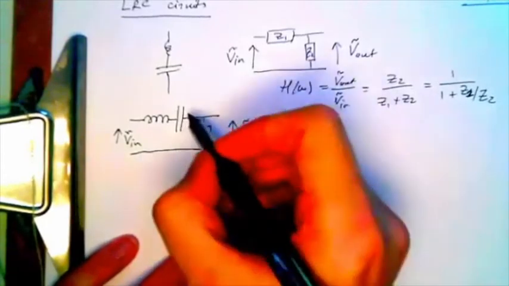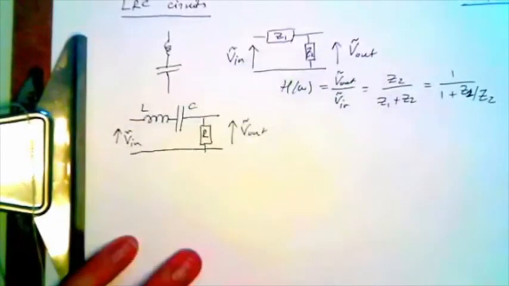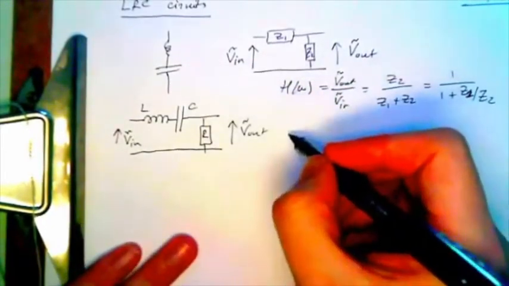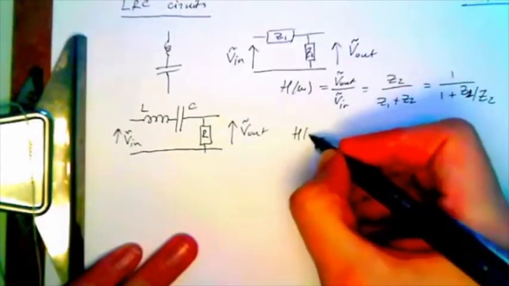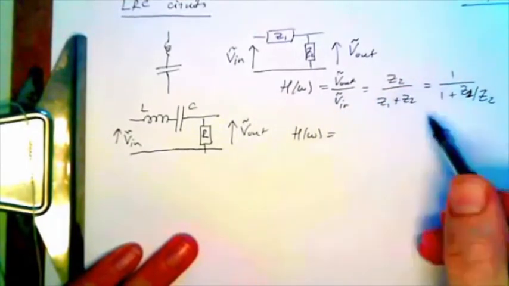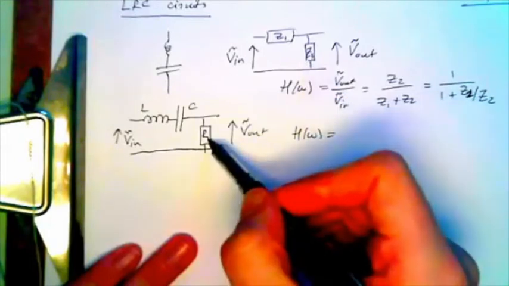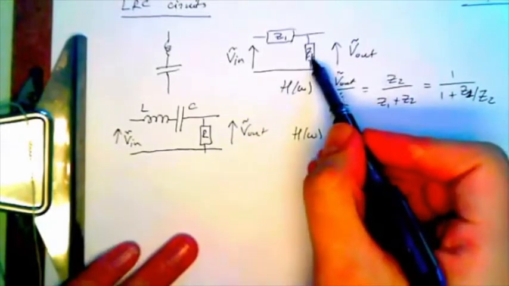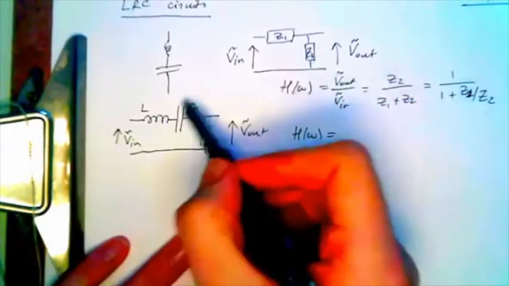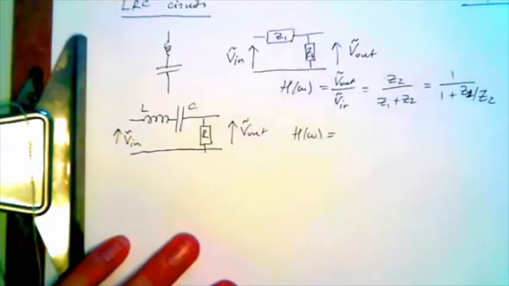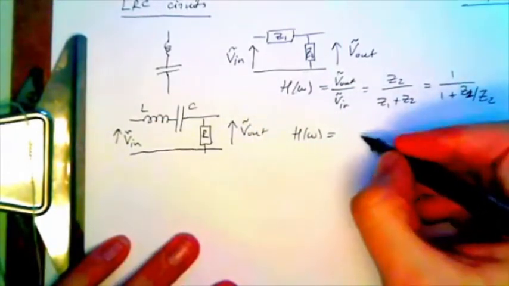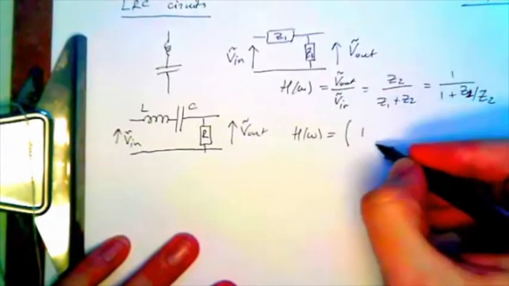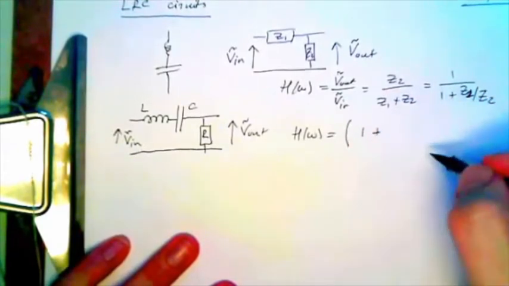And this is our capacitor, this is our inductor. And our transfer function, if we go using this analysis, we see that R takes the role of Z2, and Z1 takes the role of these 2 that are in series. So it should be 1 plus, okay.